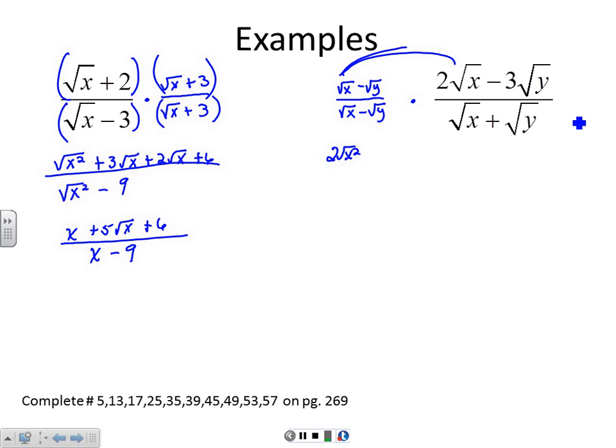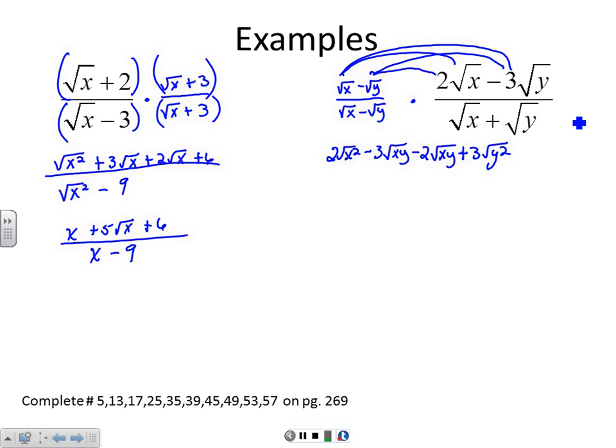And the square root of x times negative 3 square root of y is going to be negative 3 square root of xy, radical times radical. And then we're going to do negative square root of y times 2 square root of x, which is going to be negative 2 square root xy. And then negative square root of y times negative 3 square root of y is going to be positive 3 square root of y squared.